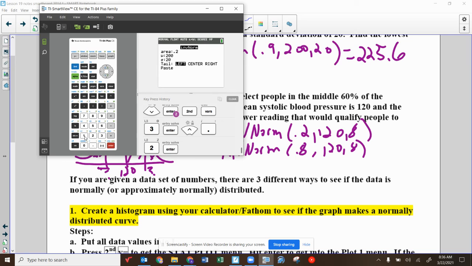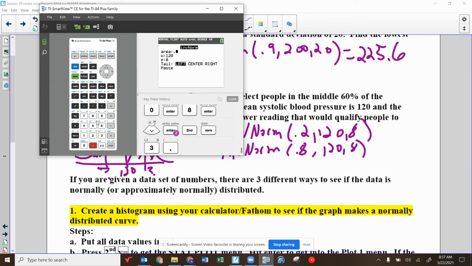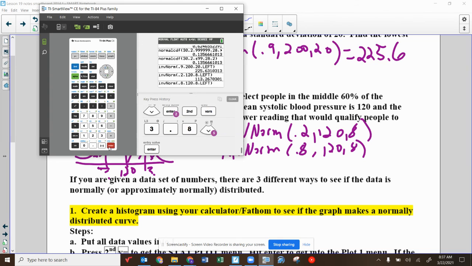0.2, 128. So 113.3. I'm just going to do the other one. We'll write them down at the same time here. And 0.8 with those two. 126.7.